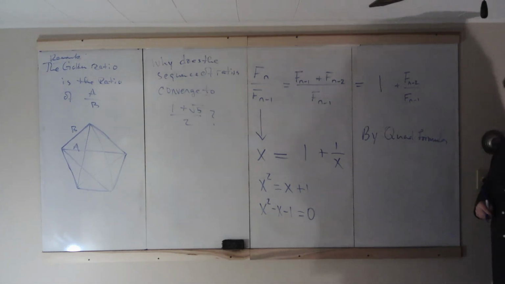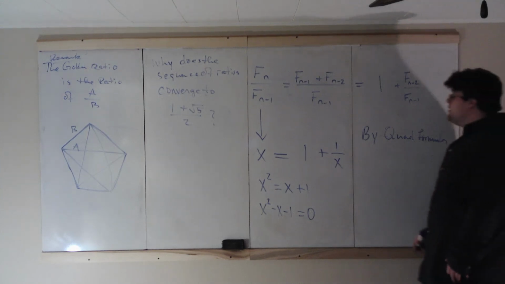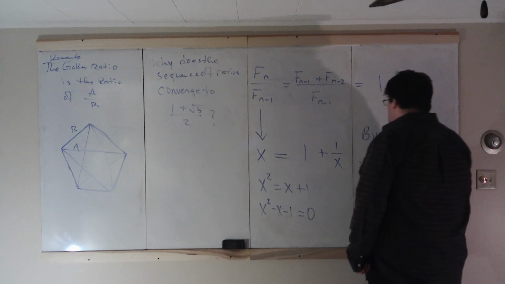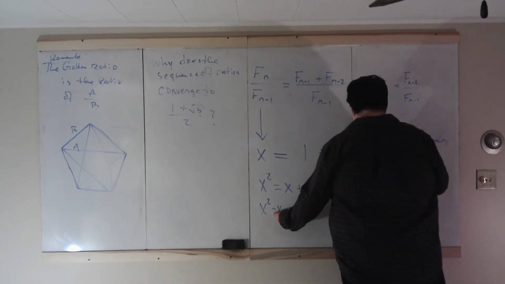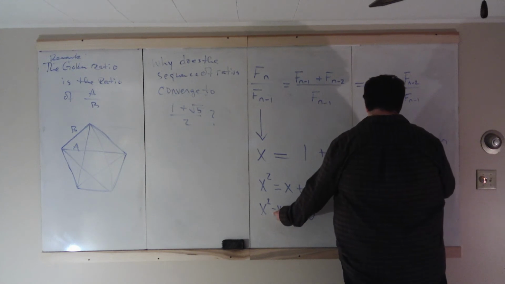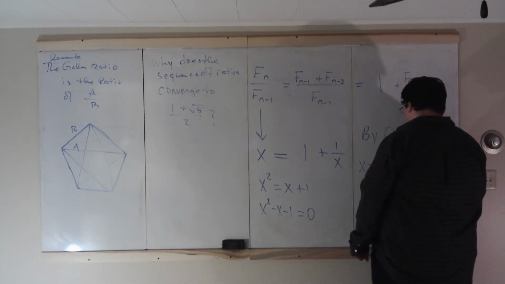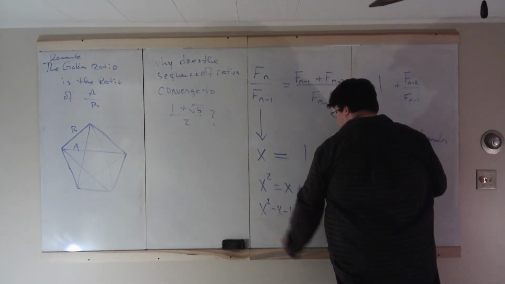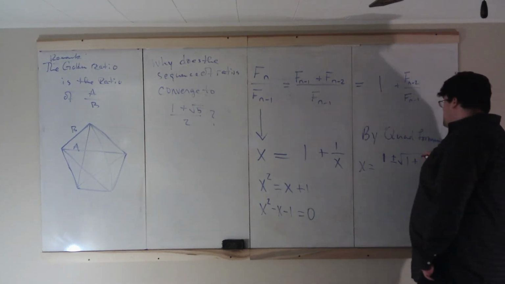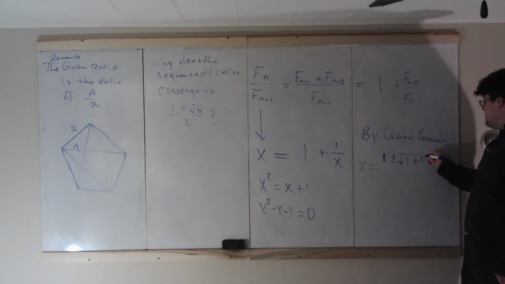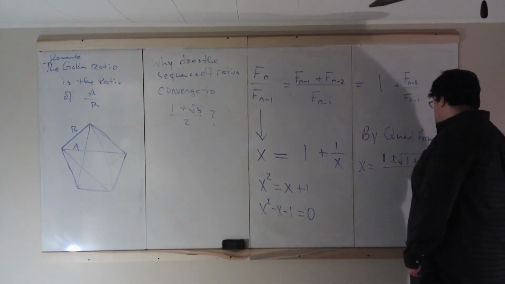How would we solve that equation? Well, we can use the quadratic formula. It gives us x equals what? Negative of negative 1, which is 1, plus or minus the square root of negative 1 squared, which is 1, minus 4 times a times c, which makes positive 4, all over 2.